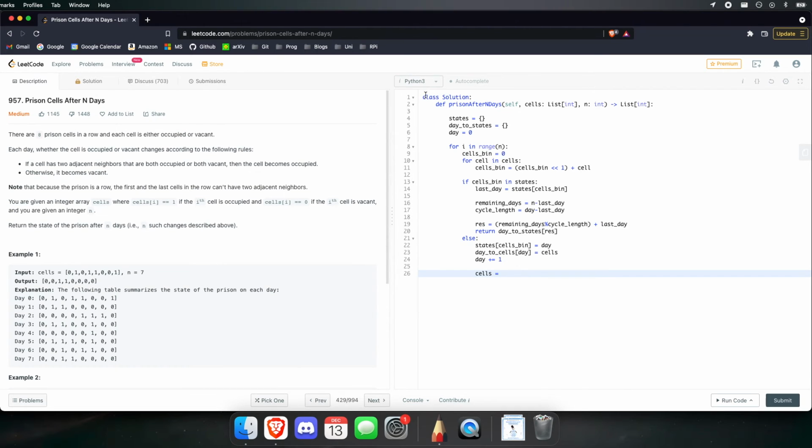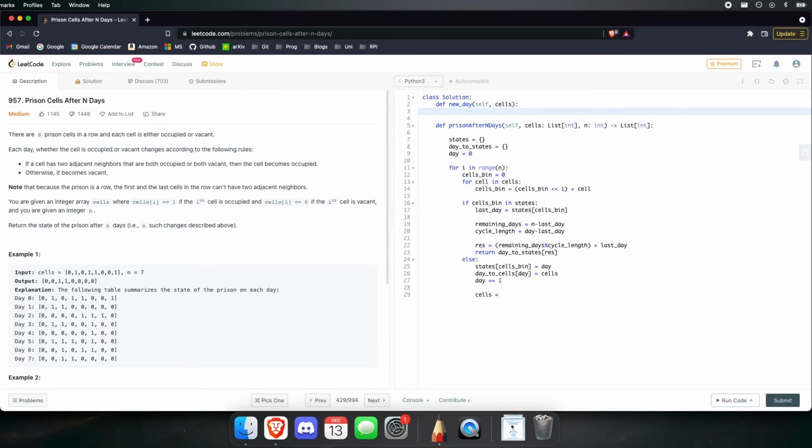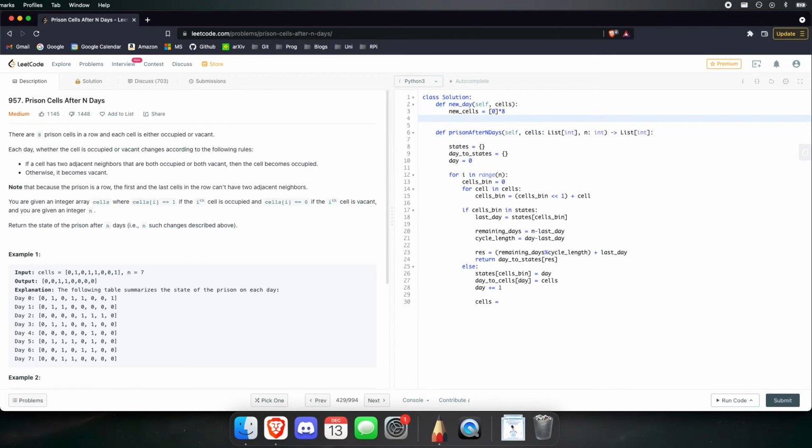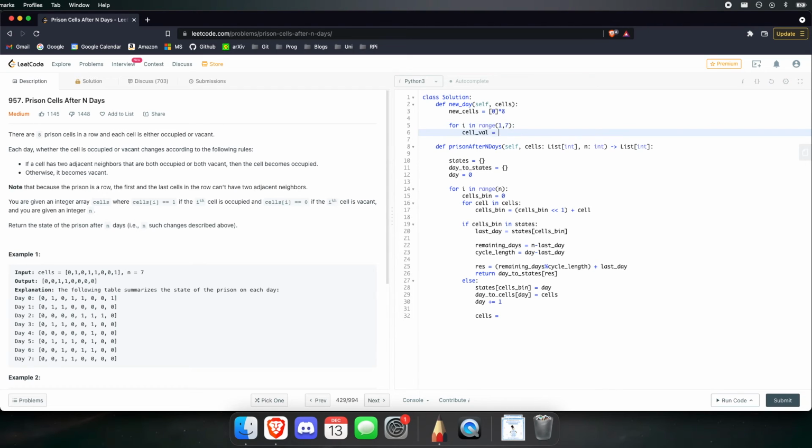For that, I'm just going to break it up into a different function. So the new array is always going to be of length 8. We can create an array of length 8 with all initial zeros, just like that. It's that easy in Python. And now for i in range of 1 to 7, cell value is initially 0.